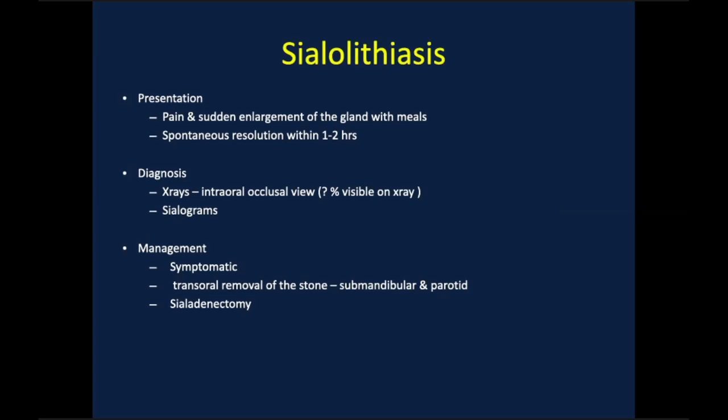In between meals it's minimum, but when you start eating, the saliva secretes. But what happens when the duct is blocked by a stone or stricture? The saliva produced with meals can't come out. Therefore there is a sudden production, but it can't come out, and the gland is enlarged with this newly produced saliva and it causes severe pain.